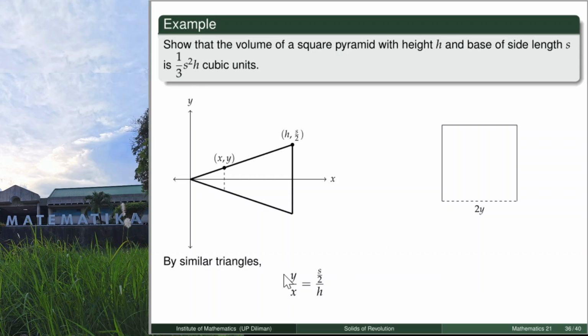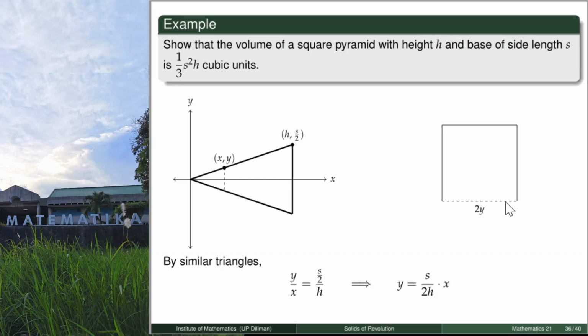And from here, we can solve y in terms of x to get the equation of the line. So we get exactly the same thing as the point-slope form or the point-intercept form that we did earlier. Okay? So we can now write the area of the cross section as a function of x.